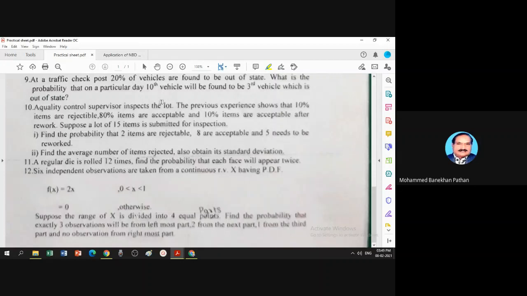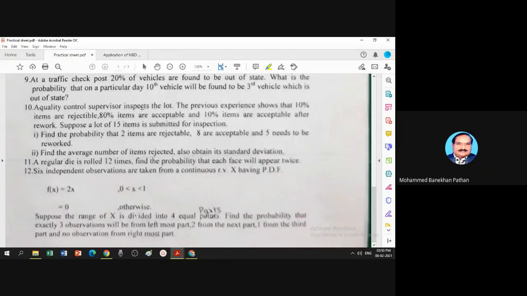The previous experience shows that 10% items are rejectable, from the lot which is under inspection, 80% items are acceptable and 10% items are acceptable after rework. So this is the past experience about the production process in a certain company.